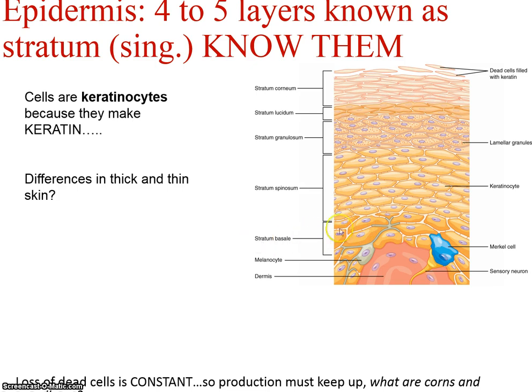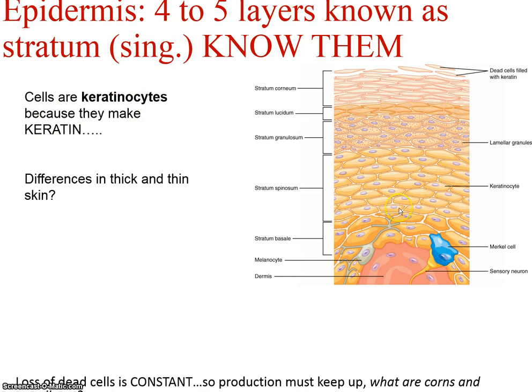So the stratum basale has created new cells, and they get pushed upwards and become part of the stratum spinosum. In the stratum spinosum, because of genes, the cells start to change their shape and appearance, and so you can kind of distinguish them. And they begin their lifelong process of making this important protein called keratin. Right? So the cells, again, are keratinocytes.